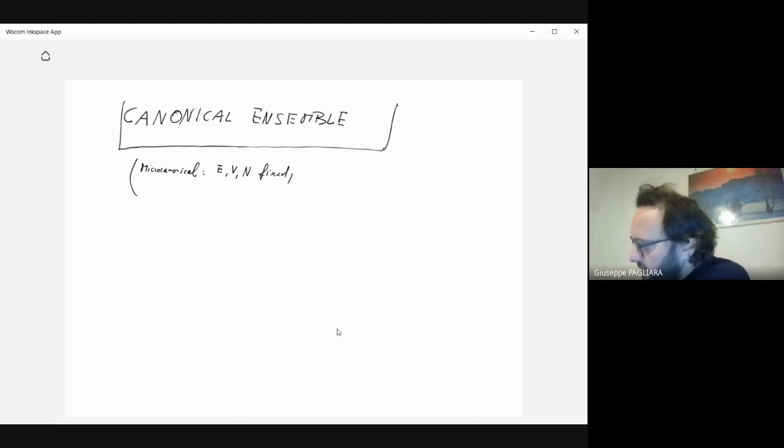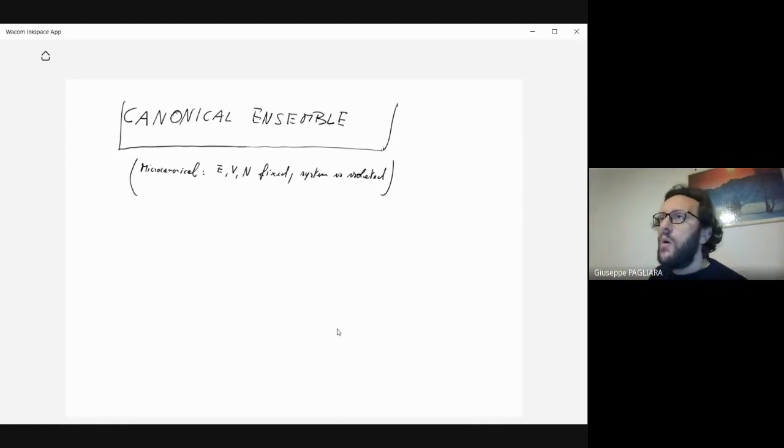And this is, let's say, the situation in which the system under study is isolated. So there's no exchange of energy or work or heat or particles between the system and the environment, if you want.